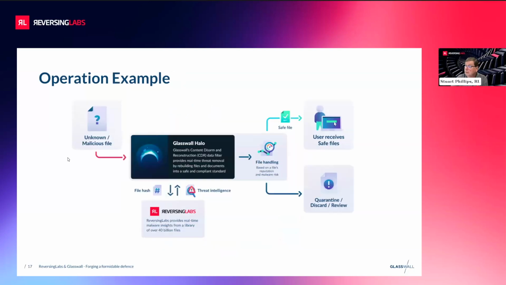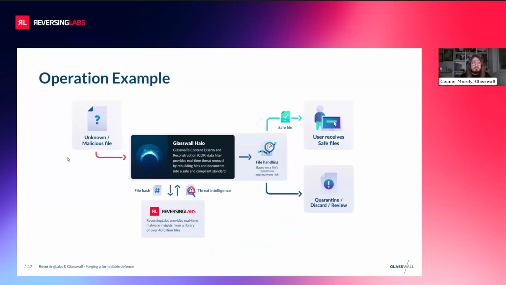So at a high level, this is the operational throughput. From the left, the unknown file is put through to the Glasswall Halo system. The file is automatically submitted to ReversingLabs file analysis, which provides a reputational score of, again, benign to suspicious or malicious.